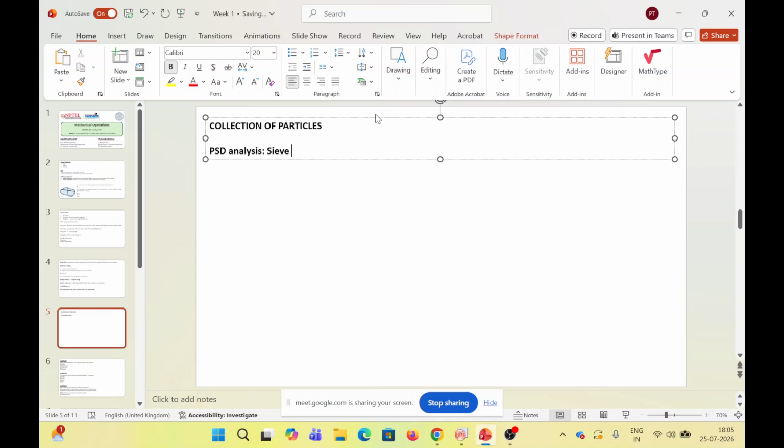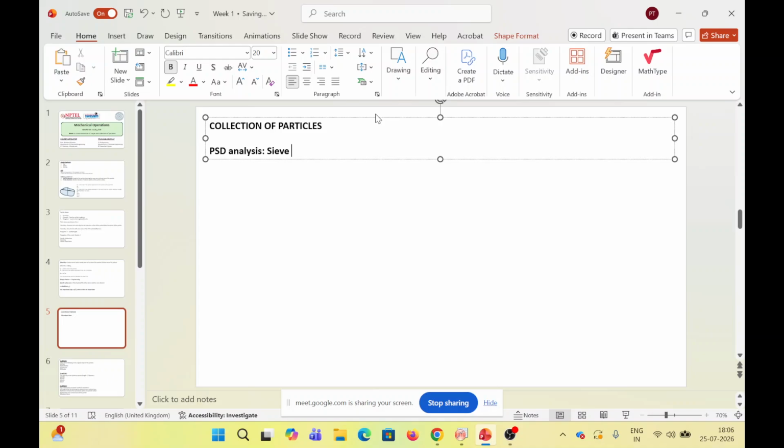So you will have a series of filters, and then we will load the sample, depending upon the size of the openings present in the sieve. The small size will first go to the bottom, then the size that is a bit greater than that small size will come to the second.